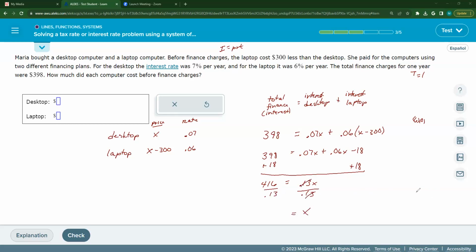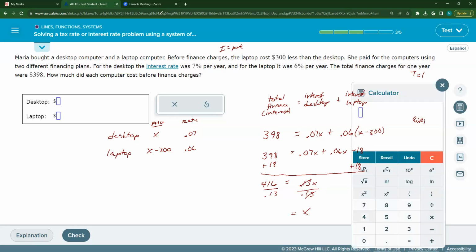X equals, I'm going to use the calculator again just because I'm getting a little tired. 416 divided by 0.13, 3,200. All right, so I have X equals 3,200.